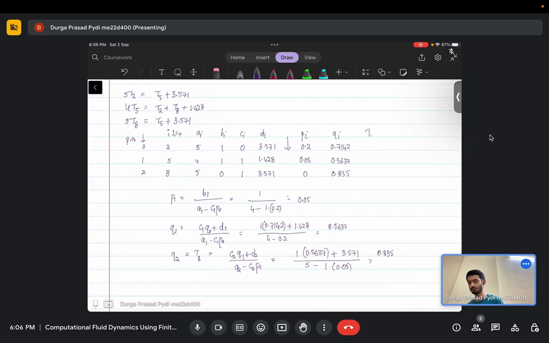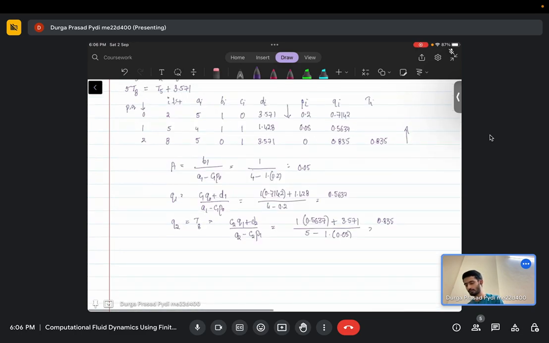Now that the forward sweep is done, we will do the reverse one. So T8 is equal to Q2, and T5 will be P1 times T8 plus Q1.